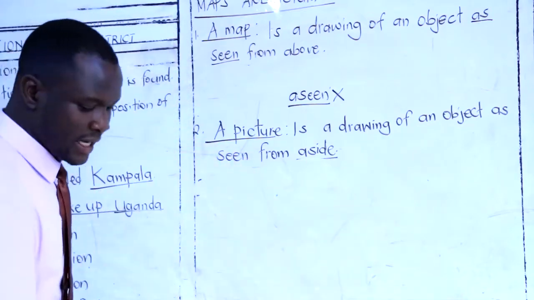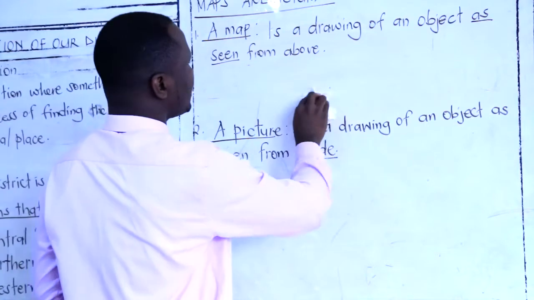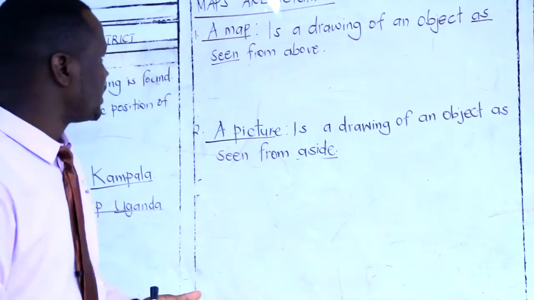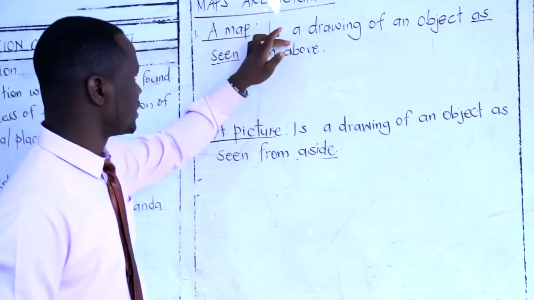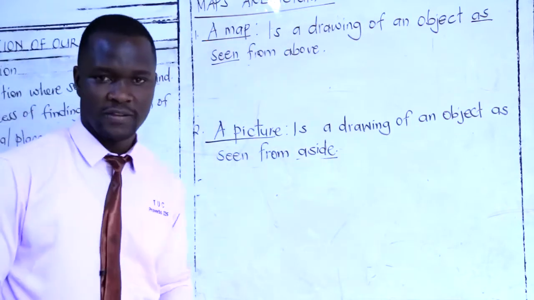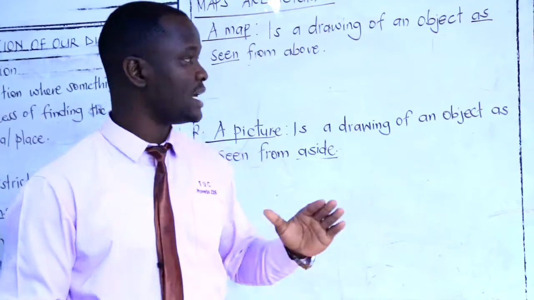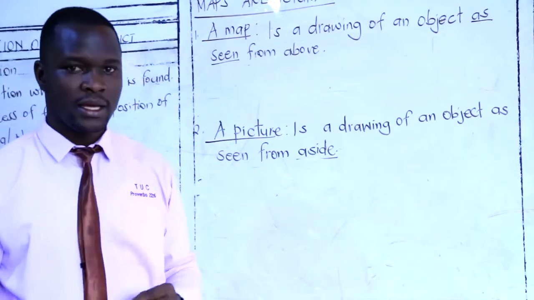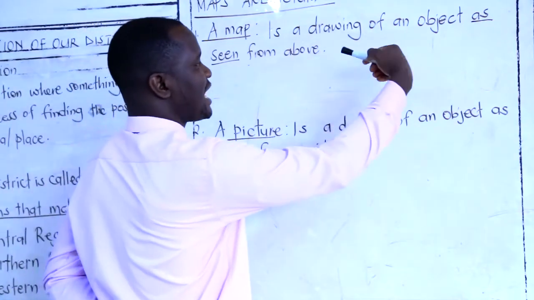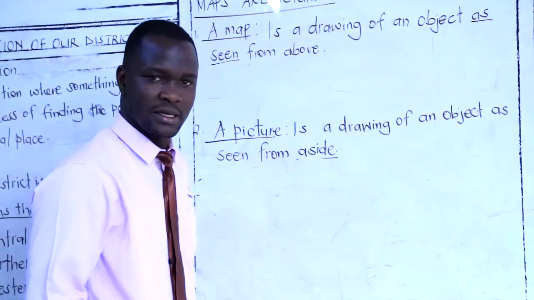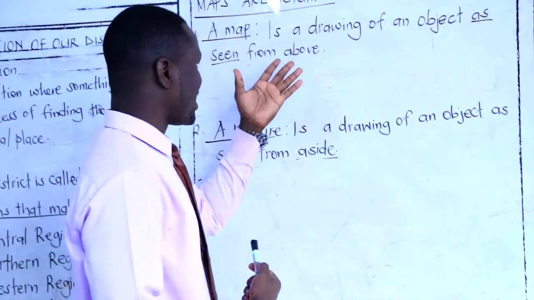Now, if we are asked to tell what is the difference between a map and a picture, according to the two definitions we have given, you will find that a map is a representation. That is another word we will use.